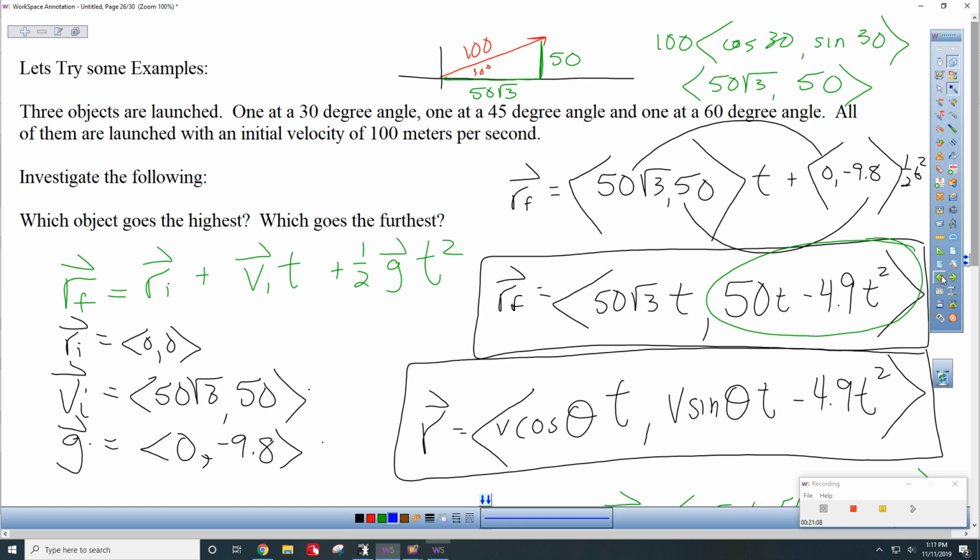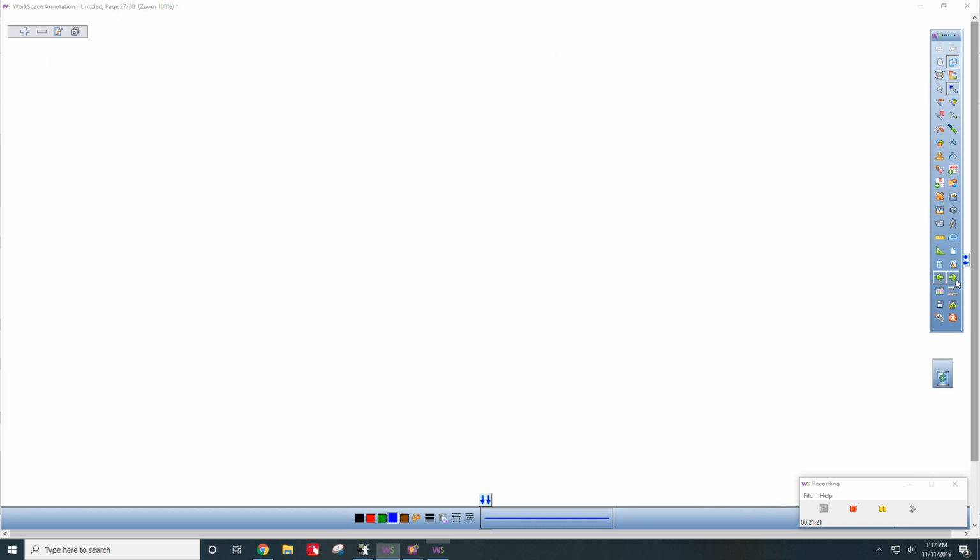V cosine theta t, V sine of theta t minus 4.9 t squared.